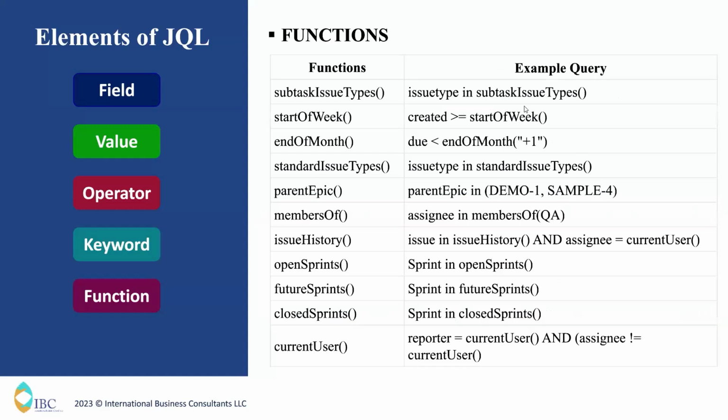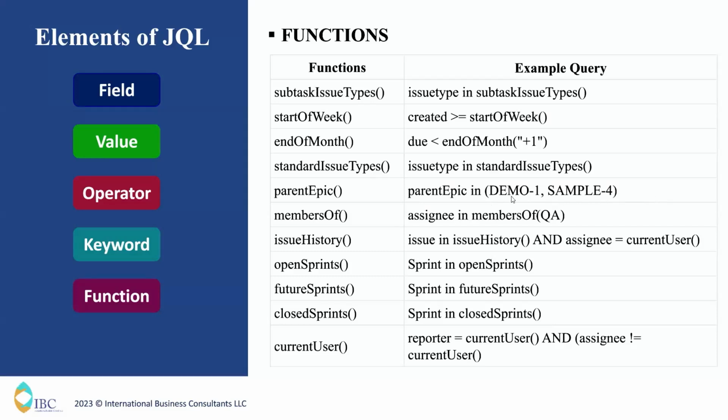Here are some useful functions that you can use in your JQL. Take this example, parent epic. Parent epic is going to fetch all the child stories. We are using parent epic in parentheses, and we can pass multiple epic names.